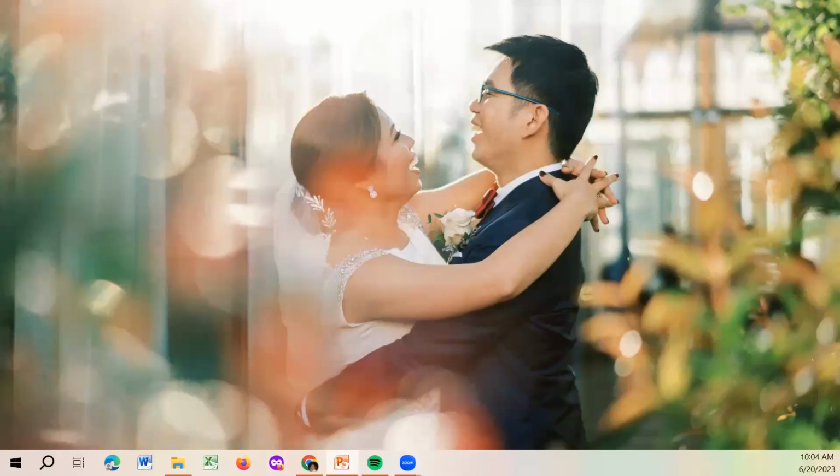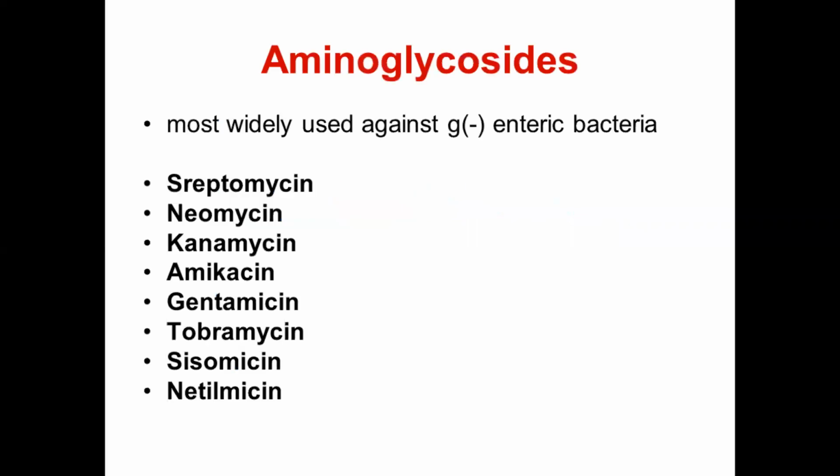So, for the next lecture, PowerPoint we have aminoglycosides. Aminoglycosides are widely used against gram-negative, no? So kung makikita niyo yung penicillin, beta-lactam drugs, meron silang spectrum, may pang gram-positive, may pang gram-negative.